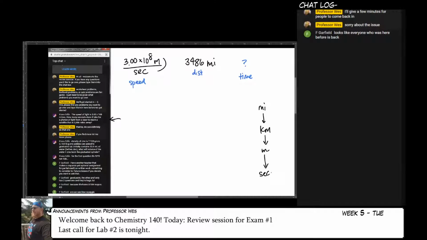Okay, so now we can look up these numbers. How many miles and how many kilometers? A mile is 1.609 kilometers. I have that memorized. A kilometer is 1,000 meters. And our speed is 3 times 10 to the 8 meters in 1 second.